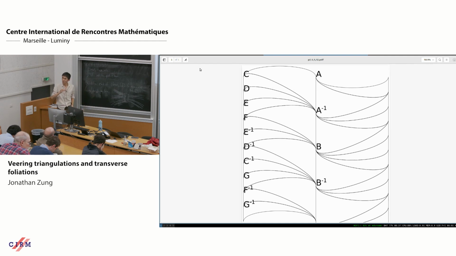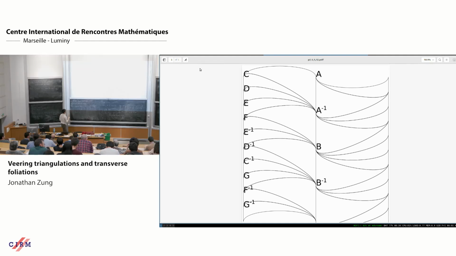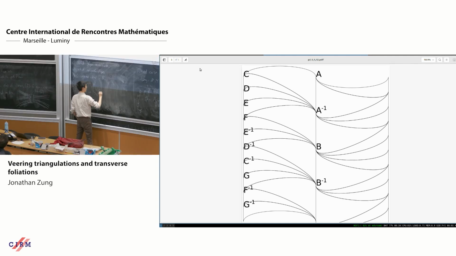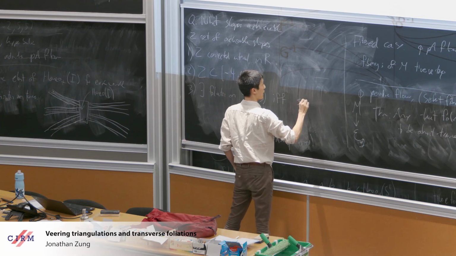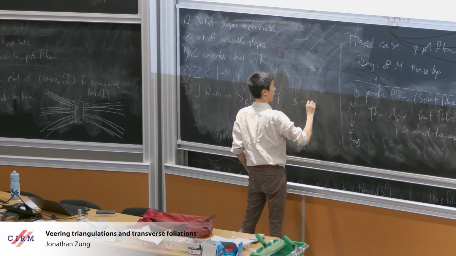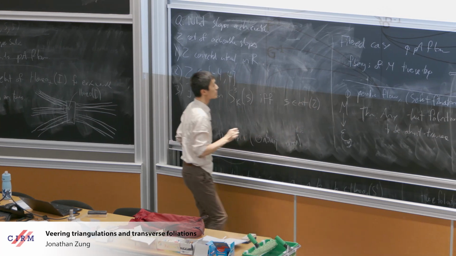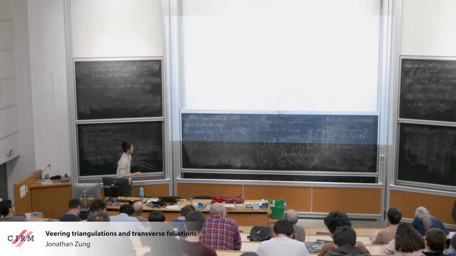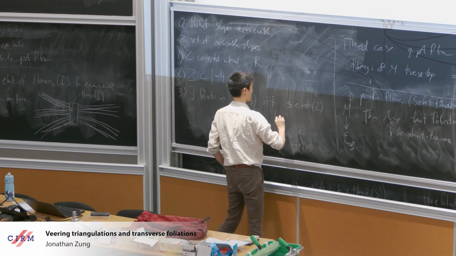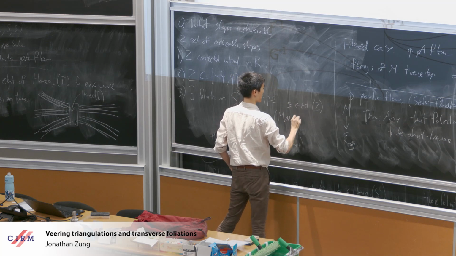Okay, so there's no choice once you've made this choice of the homeo at each interval. Okay. So fact 3. There exists a foliation on the surgery if and only if s is in the interior of Z. Okay. And this is proved using Mosher's result.